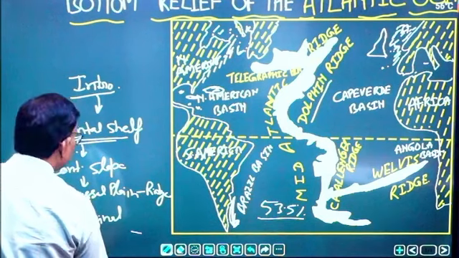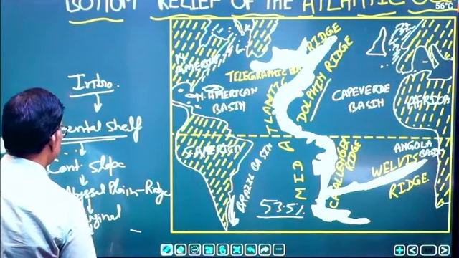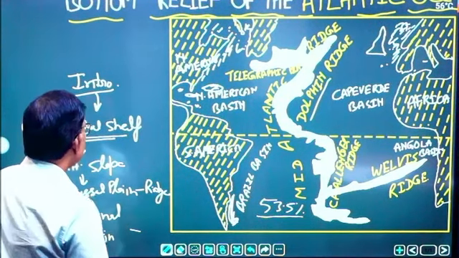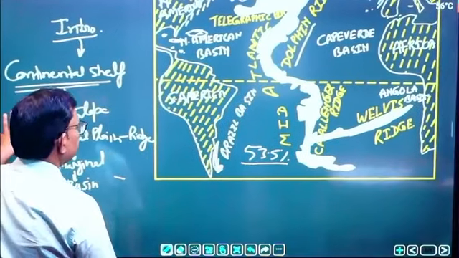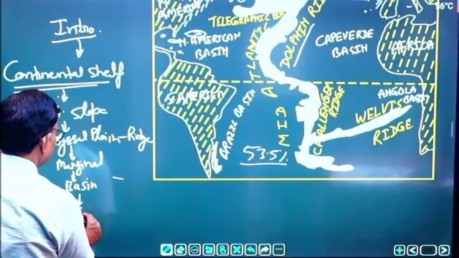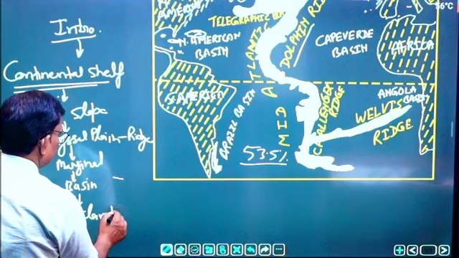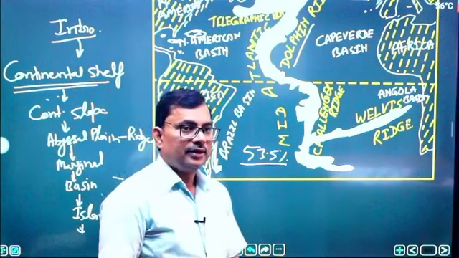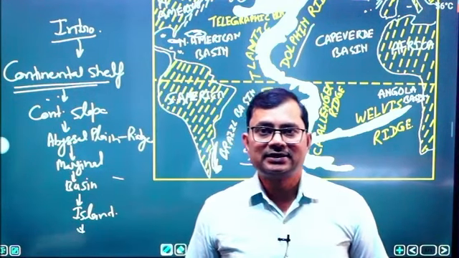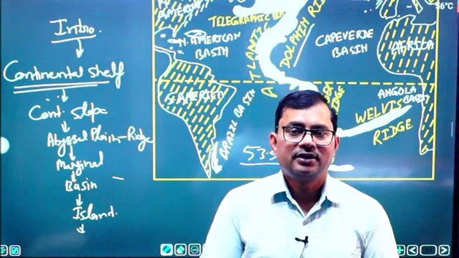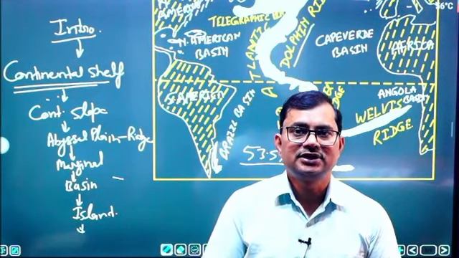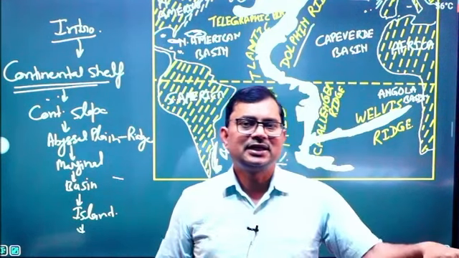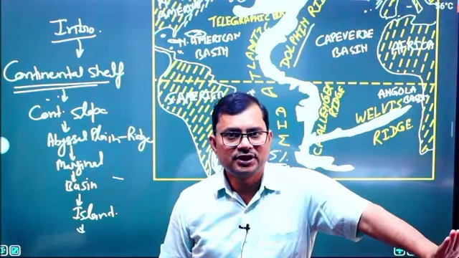Then you can discuss basins, and then finally islands. And last, the conclusion, what you can say: Atlantic Ocean is the most striking kind of ocean which has different kinds of reliefs. इस तरह से अपना ये क्वेश्चन बच्चों फिनिश कर सकते हैं.